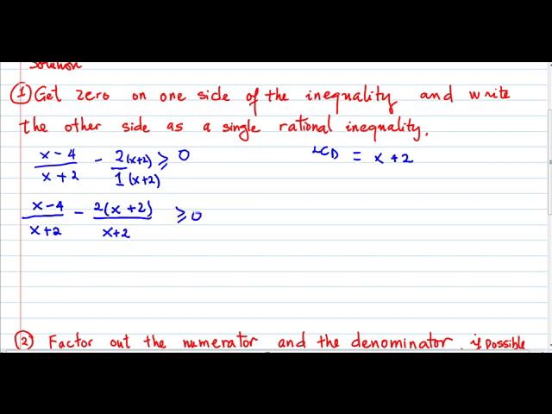Greater than or equal to 0. Now we can subtract them because they have a common denominator. We keep the common denominator, x plus 2, and take this numerator minus this whole numerator. So we have x minus 4, then minus the whole thing here.